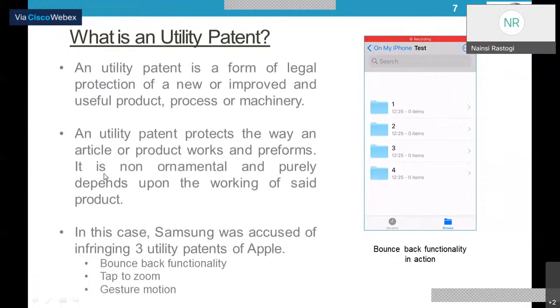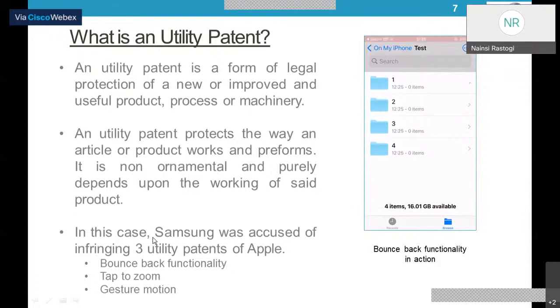It is non-ornamental and purely depends on the working of the product. Samsung was accused of infringing three utility patents of Apple, which were based on bounce-back functionality, secondly tap to zoom, and gesture motion. These were the three functionalities that Apple said Samsung had copied.